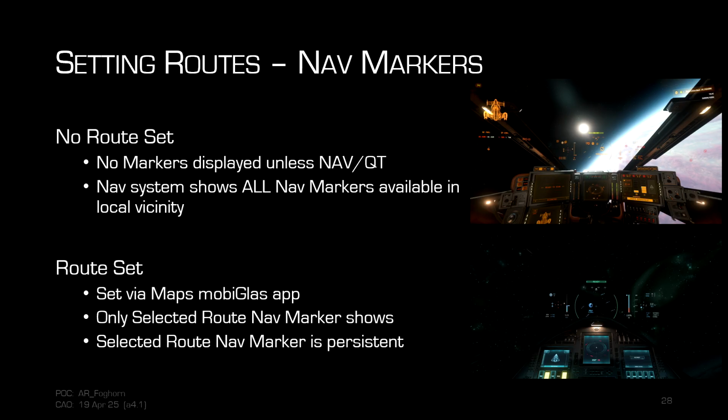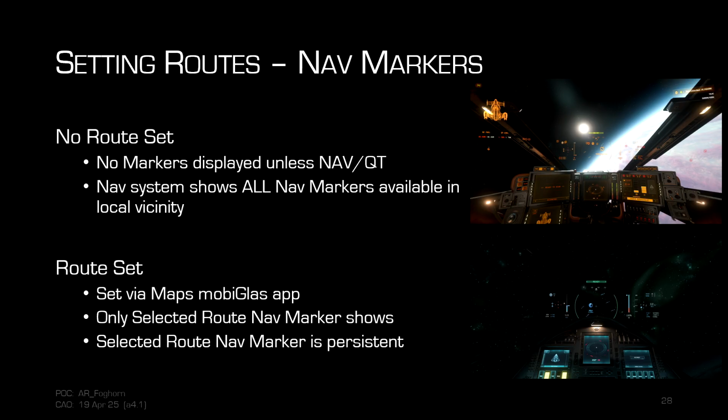Okay. That selected route nav marker is persistent. So if you are in nav QT and you come out of quantum travel and you want to just fly to the thing, if you have submodes mapped, you can just kick over into the nav flight submode and it will get rid of all the spooling sounds and all that kind of stuff and allow you to just fly.